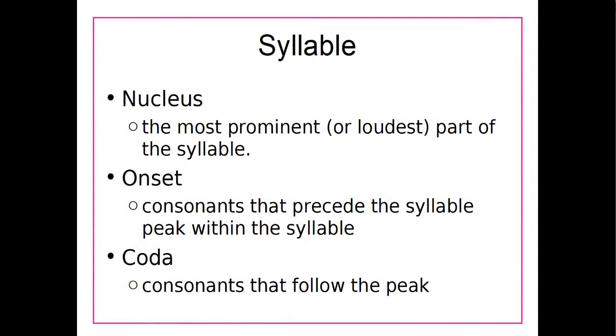The nucleus is the most prominent or loudest part of the syllable. Typically in English, this will be a vowel. It doesn't always have to be, but most commonly it will be. The onset is any consonants in the syllable that come before the peak, and then the coda is any consonants that follow the peak.